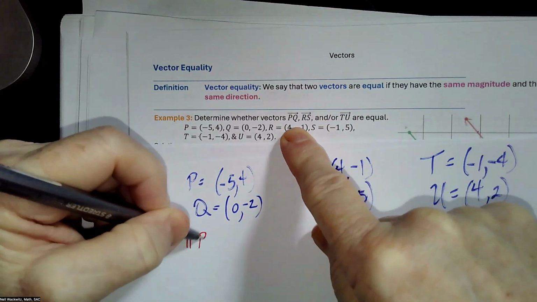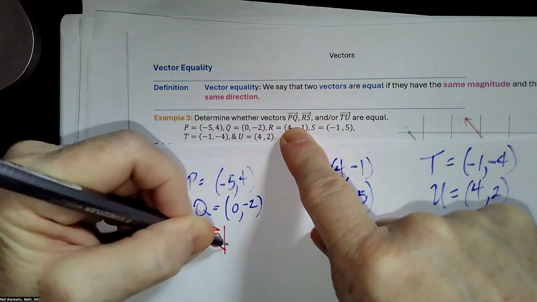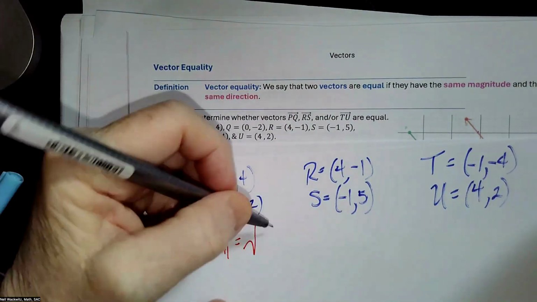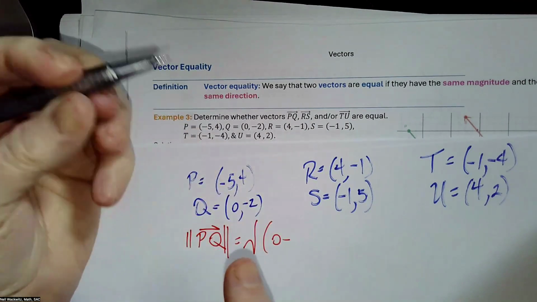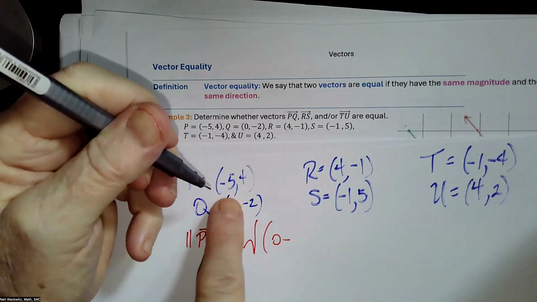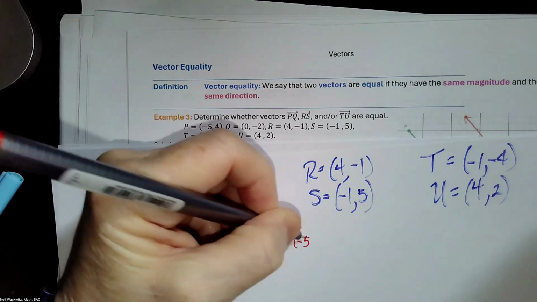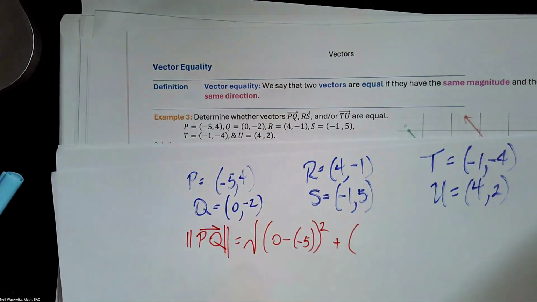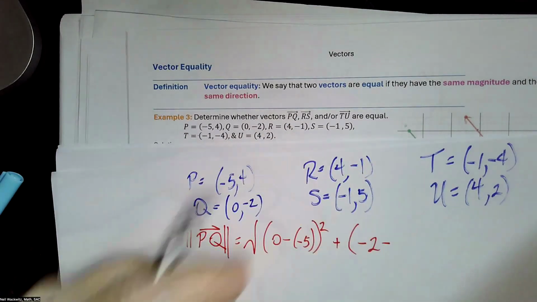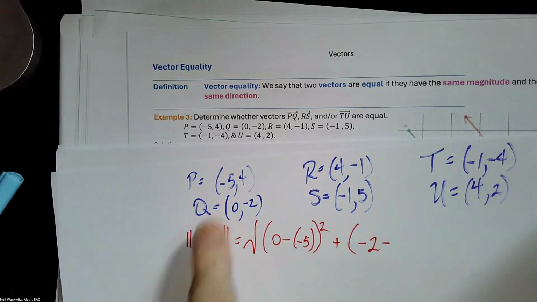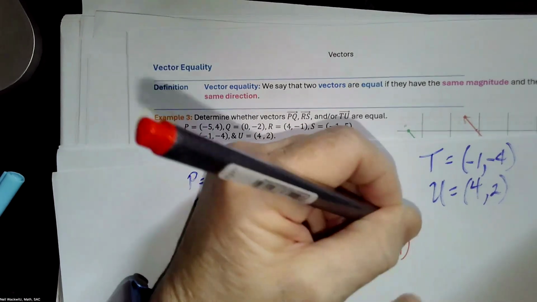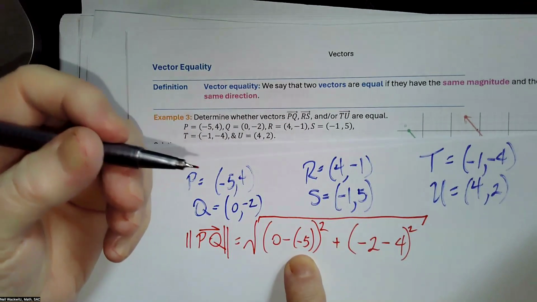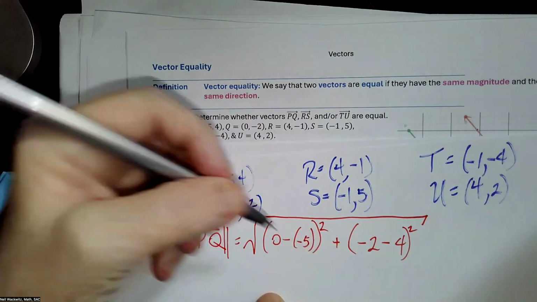We're looking at PQ. So let's see, X coordinate of Q is 0. X coordinate of P is negative 5. Y coordinate of Q is negative 2. Y coordinate of P is 4. Zero minus negative 5 is positive 5. Squared is 25.